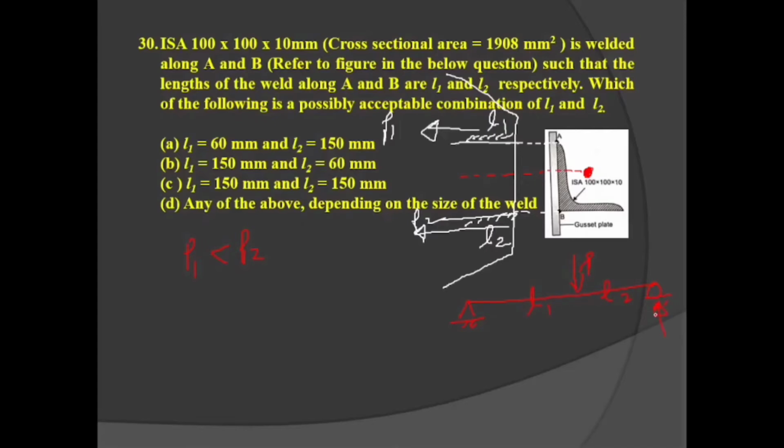Now the reaction will be P into L1 divided by total L here, and P into L2 divided by total L here. Since L1 is more, reaction R2 will be more. Since L2 is less, reaction R1 is less. So R1 is less than R2.